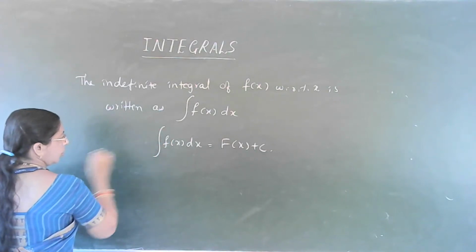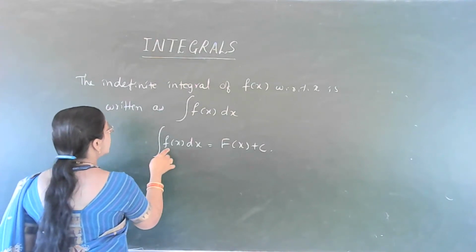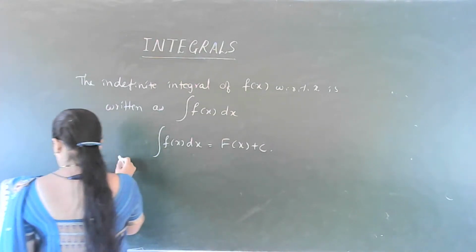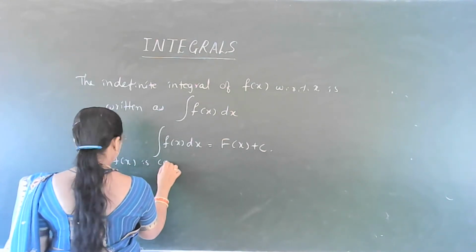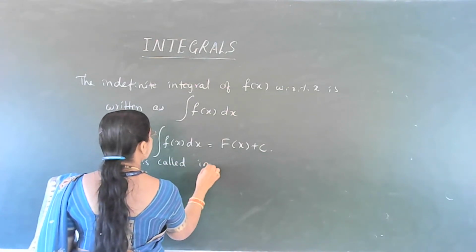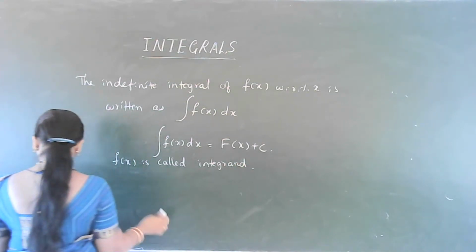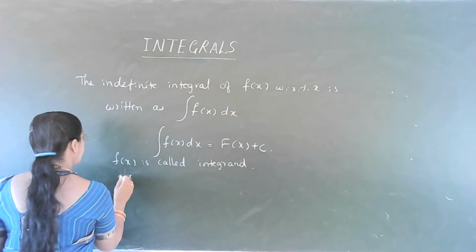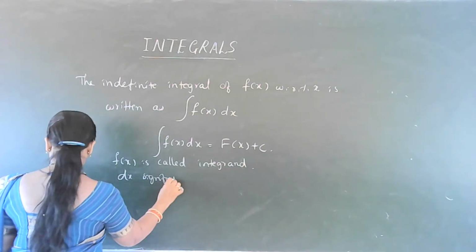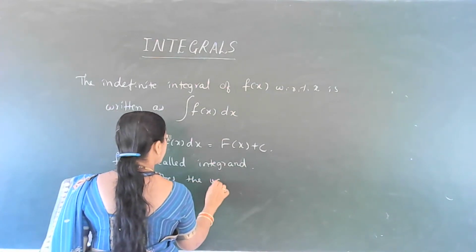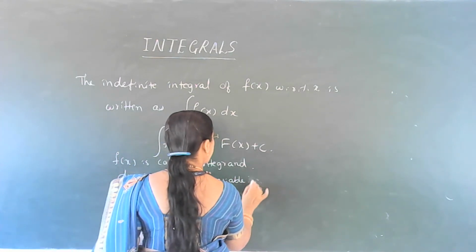Here, this is the symbol of integration. It's the integral sign. We have to write f of x, which is called the integrand. And dx signifies the variable of integration.